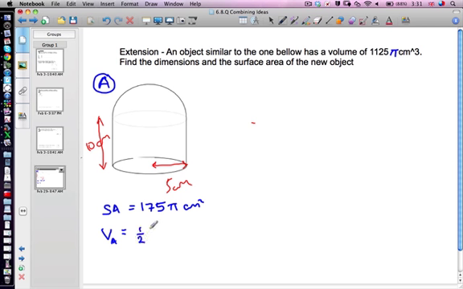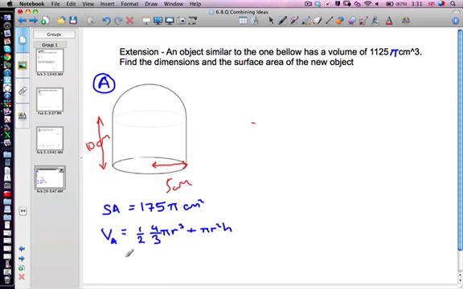Now the volume of a sphere is given by 4/3 pi r cubed. Okay, so we've got half a sphere, and we need to add a cylinder, and that cylinder volume is given by pi times r squared times the height of the cylinder.